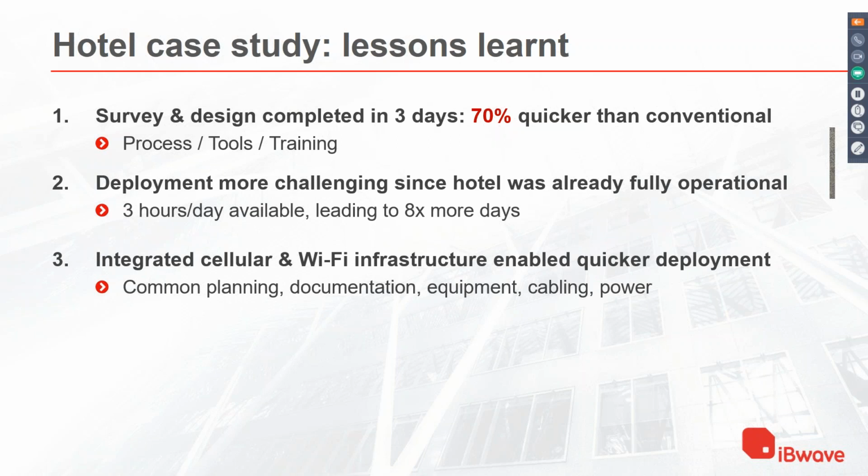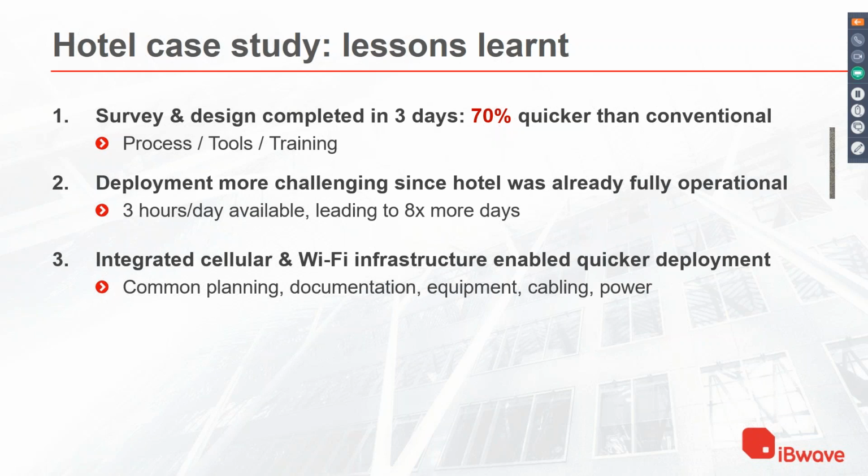And the next one is, well, we're talking about a heterogeneous network here. We're talking about two technologies that are typically done differently, but this was all done together. And that helped get a quicker deployment overall, because not only was the planning done in one go, but the documentation is all the same.